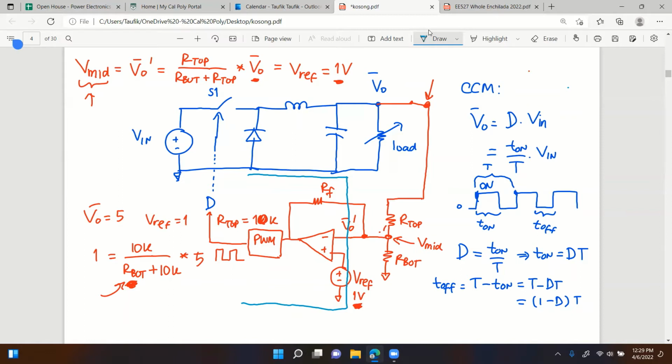I'm going to make big dots right there. That would be one pin of the controller. Usually it's called the FB pin. And there's another pin right there that the controller typically provides. That's typically called the comp pin.